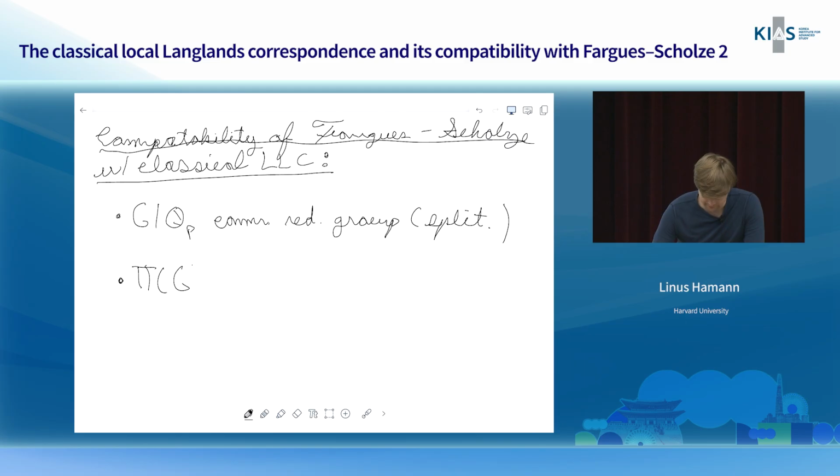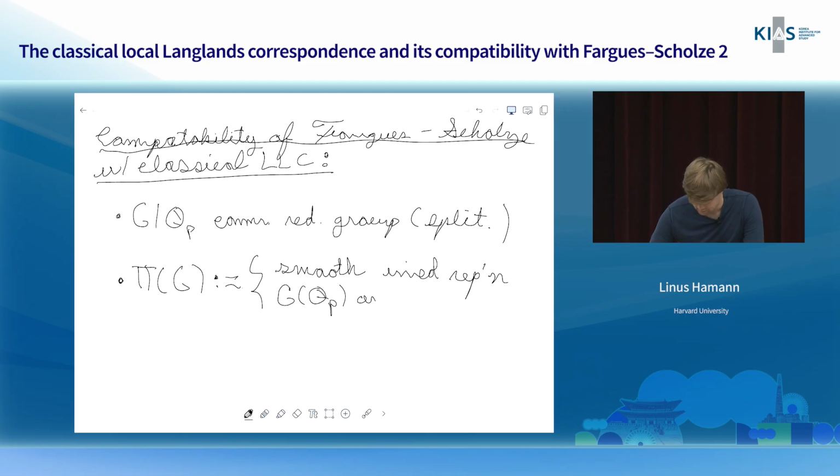On one side of the local Langlands correspondence, you consider the following set of smooth, irreducible representations of the Q_p points of this G on K vector spaces.